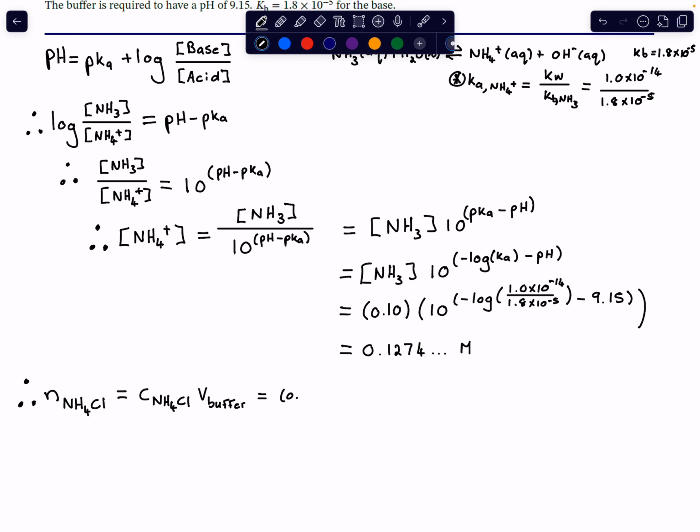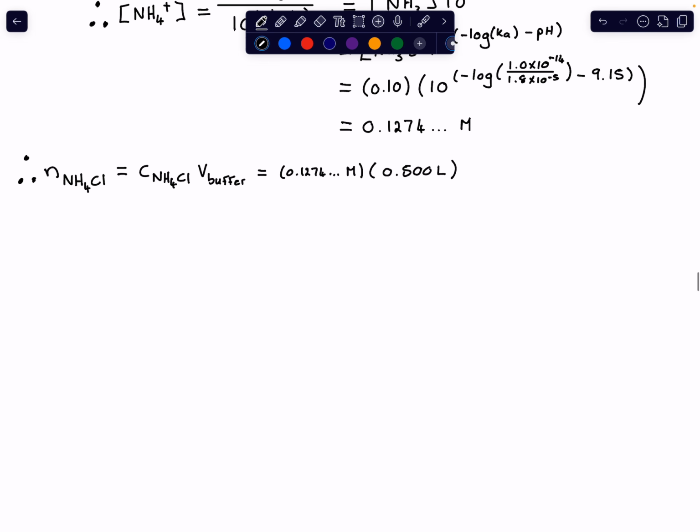Hence, it's 0.1274 molar multiplied by 0.500 liter, the 500 milliliter, and I get 0.0637 mole ammonium chloride that we require.